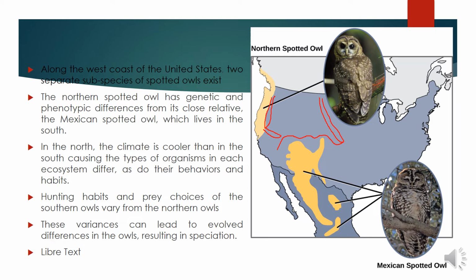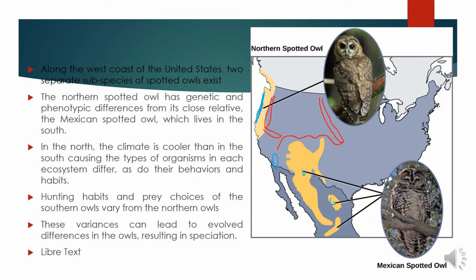We have three subspecies of spotted owl. One is the northern spotted owl, which I am drawing in blue, on this side of the Cascade Range. Then in these three places we have the Mexican owl, and we have the Californian owl here. So each of the spotted owls is separated by these mountain ridges and plateaus.